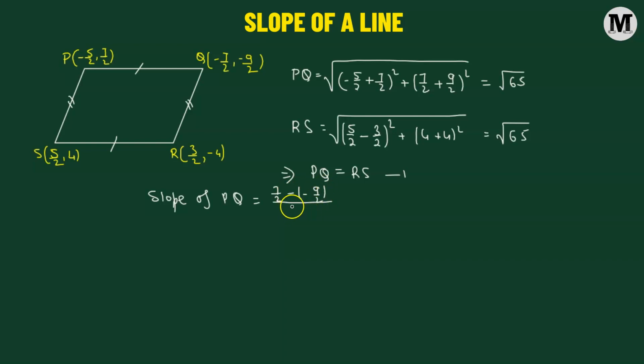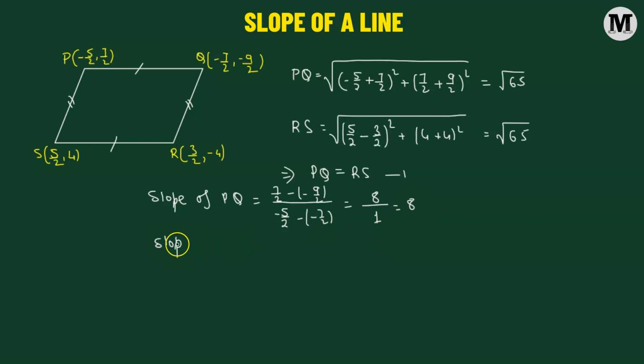Then in the denominator we compute the difference of the x coordinates, starting with the x coordinate of P, negative 5 over 2, and from it we subtract the x coordinate of Q, negative 7 over 2. So this equals 7 over 2 added to 9 over 2, that's 16 over 2, or simply 8, divided by 1. So the slope of line PQ comes out to be 8.